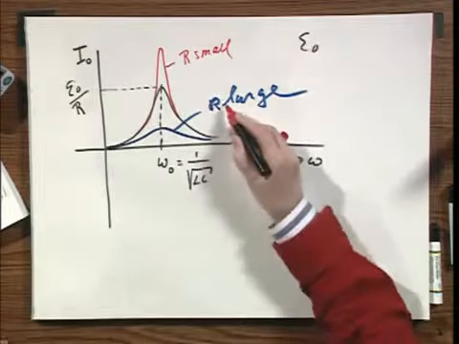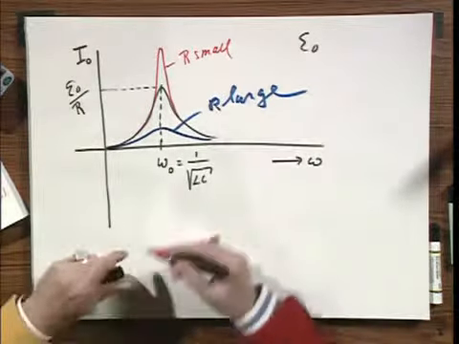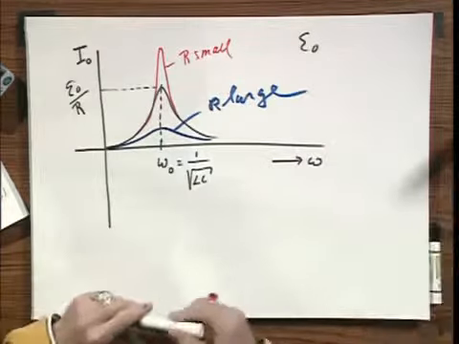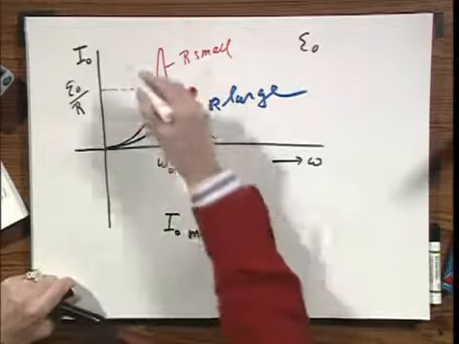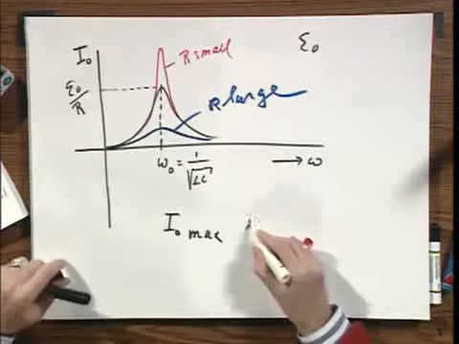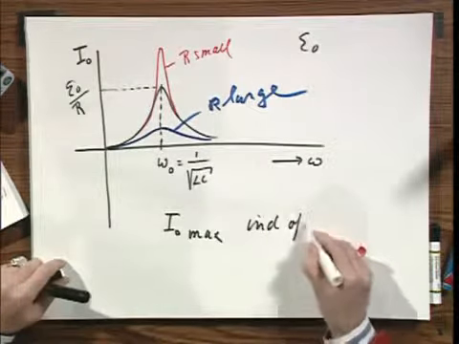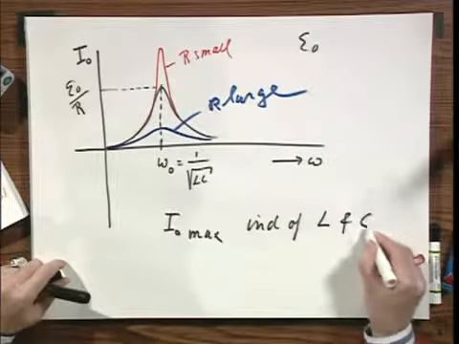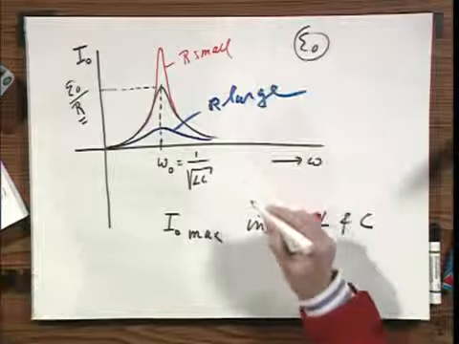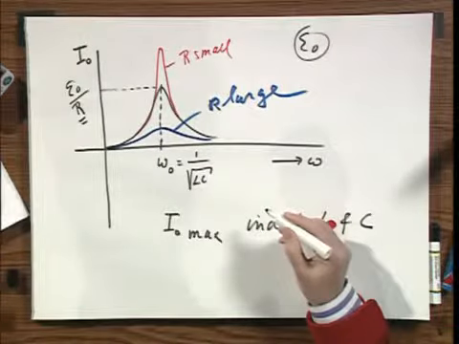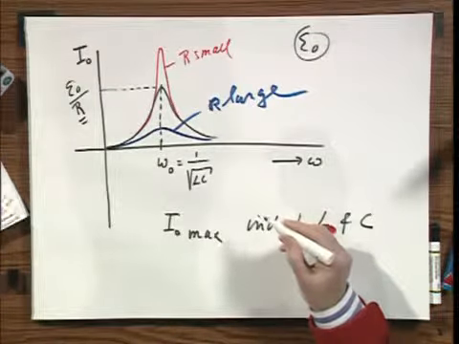Omega 0 is independent of R. But keep in mind that I0 maximum, which is this value here, is independent of L and C. That only depends on R and, of course, on the value that we have chosen for E0.